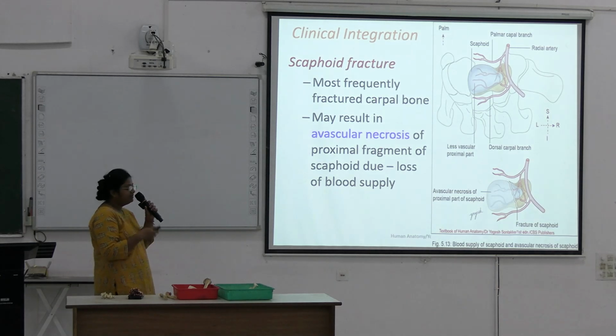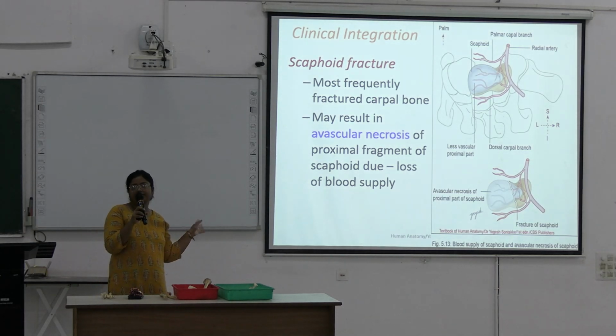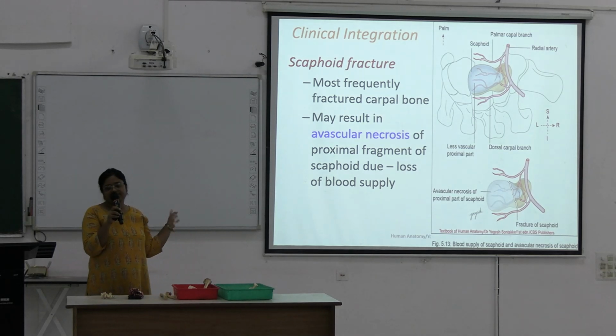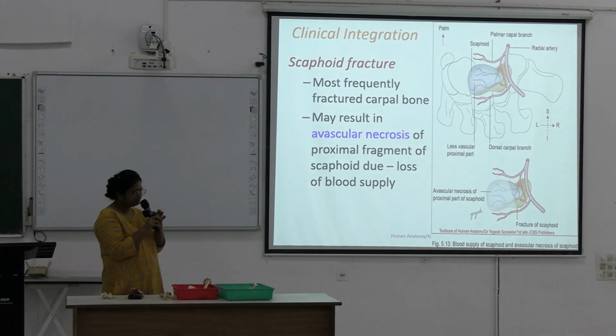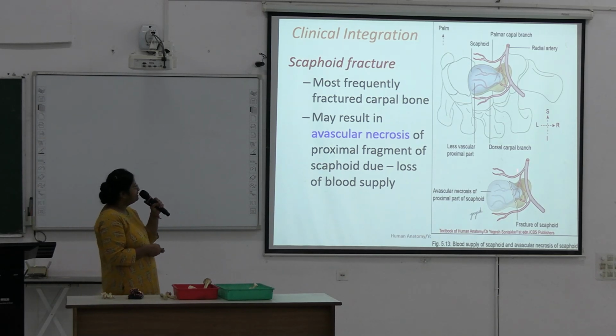This clinical aspect is very frequently asked. Okay, why does avascular necrosis occur in the proximal segment in fracture of the scaphoid? See, the scaphoid is the most commonly fractured carpal bone, and the fracture occurs near the waist of the scaphoid, this narrow middle portion, and may result in avascular necrosis of the proximal fragment due to loss of blood supply.